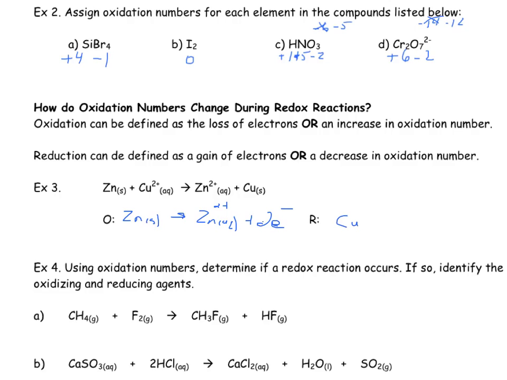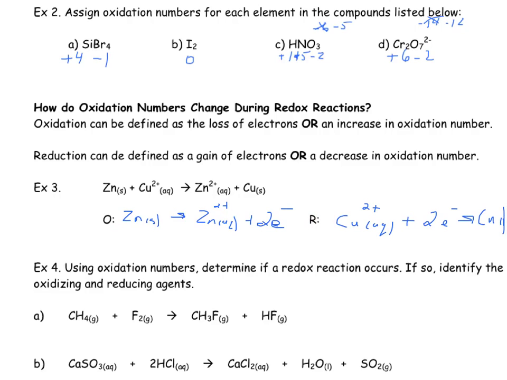And in order for the copper 2 plus to change into a copper solid, it needed to gain electrons. Thus we had an oxidation and a reduction.